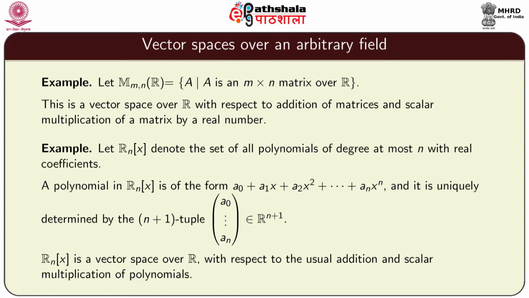Now, here what is noteworthy is that it is not just that the polynomial is dependent on these n plus 1 numbers a0, a1 up to an, but on the n plus 1 tuple a0, a1 and all the way up to an, because the positions of these coefficients do matter, in the sense that if we flip the position of a0 and a1, for example, then we get a different polynomial.